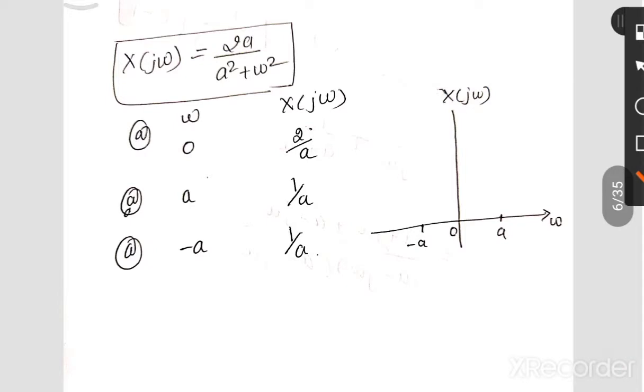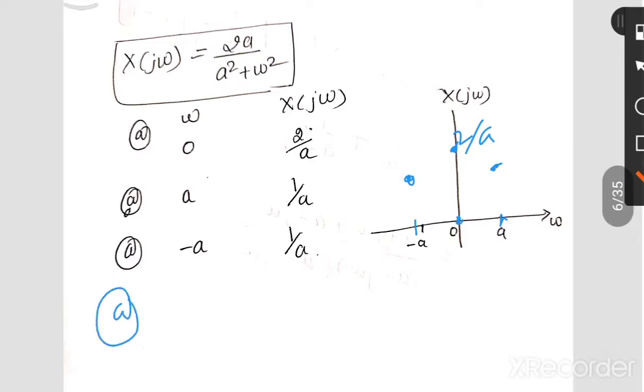In the same way, at omega equal to 0, it will be 2 by a, and at a it is 1 by a. So 1 by a is less than 2 by a. Therefore, it will be a lesser value. And at minus a, its value is 1 by a. Same thing, but it is on this side.